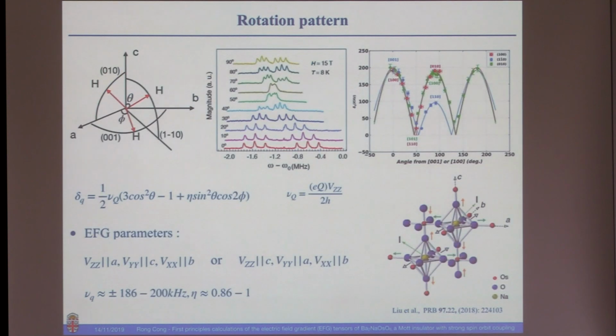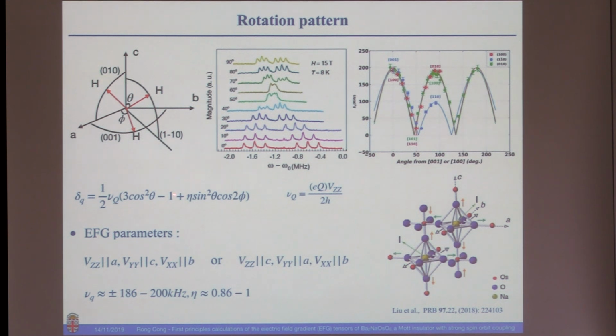This is what people started to do from the 1950s, and in principle, even if you don't know anything about the crystal structure, a rotation along 3 perpendicular axes will let us deduce all the parameters. So we did the rotation measurement along these 3 planes and fit the data.